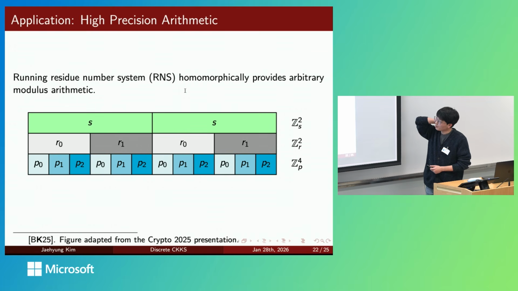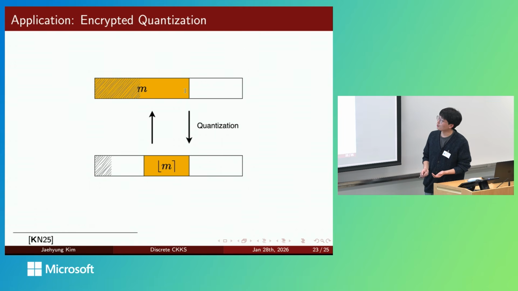Yeah, and you can play a little bit more. For instance, you can run a residue number system homomorphically inside FHE, and that essentially provides arbitrary modulus arithmetic, so you can achieve any Z_M arithmetic for whatever integer M you want. This is more of an example. This also allows you to connect CKKS and discrete CKKS.